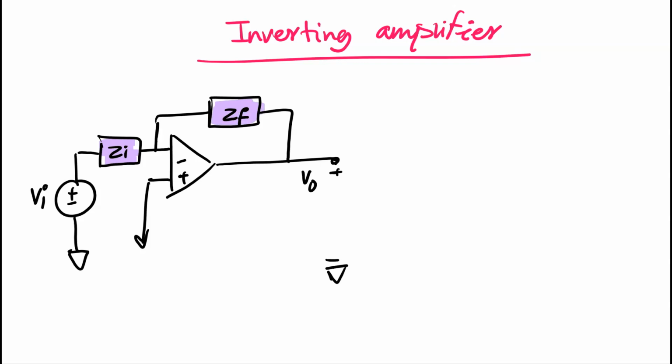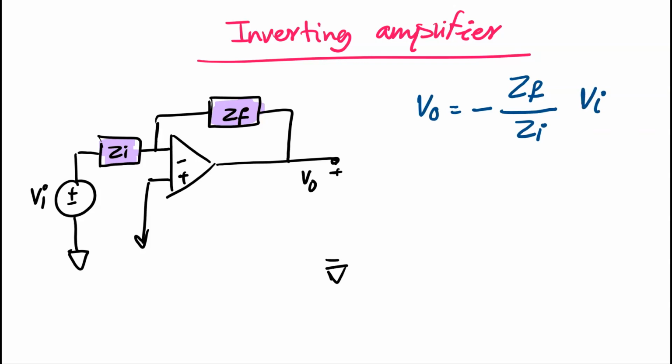So if we have something in this configuration, then the relationship between your output voltage, VO, and your input is in this form. So your VO is equal to minus Zf, your feedback impedance, divided by Zi, multiplied by your VI.